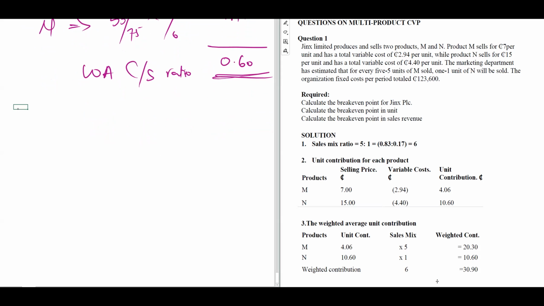Now that I have my weighted CS ratio, the next thing is to find the break-even in sales. Remember, CS ratio is only for break-even in revenue.